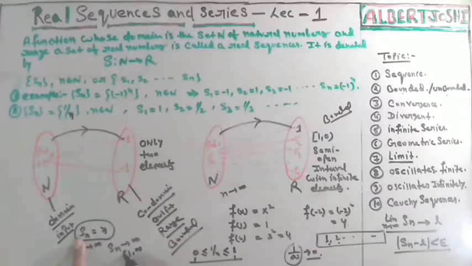In this condition you are getting this interval, means this is the range. If you put different values, then you will get 1, 2, 3, 4 up to so on infinite. So different outputs, it means that your range is 1 to infinite. Okay, so that is the unbounded, but this is the bounded.